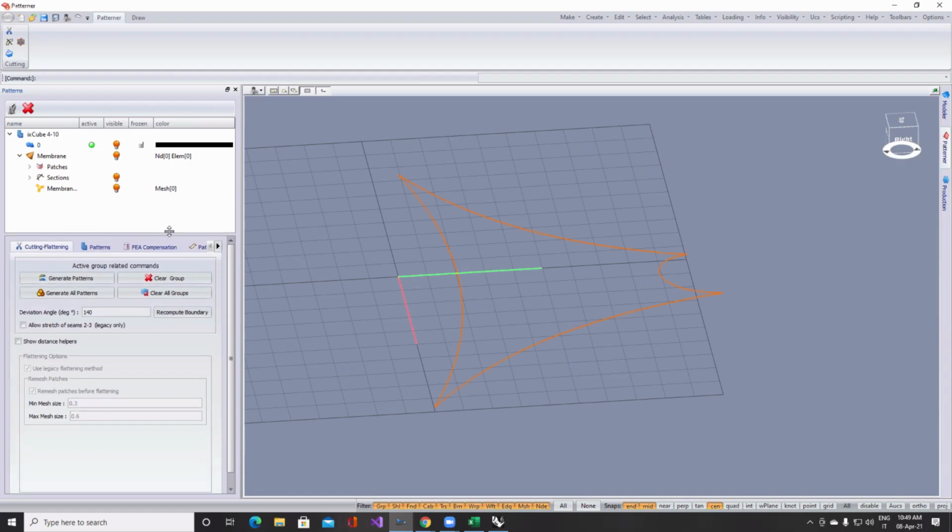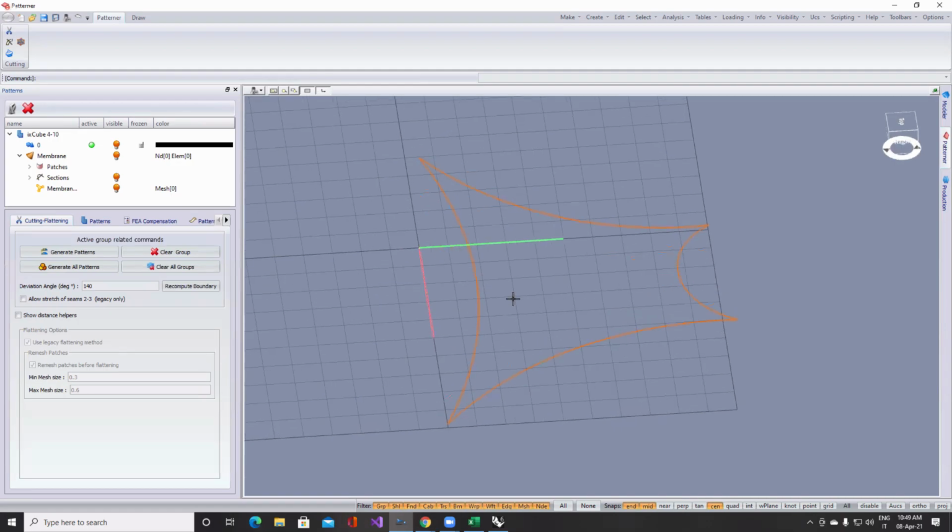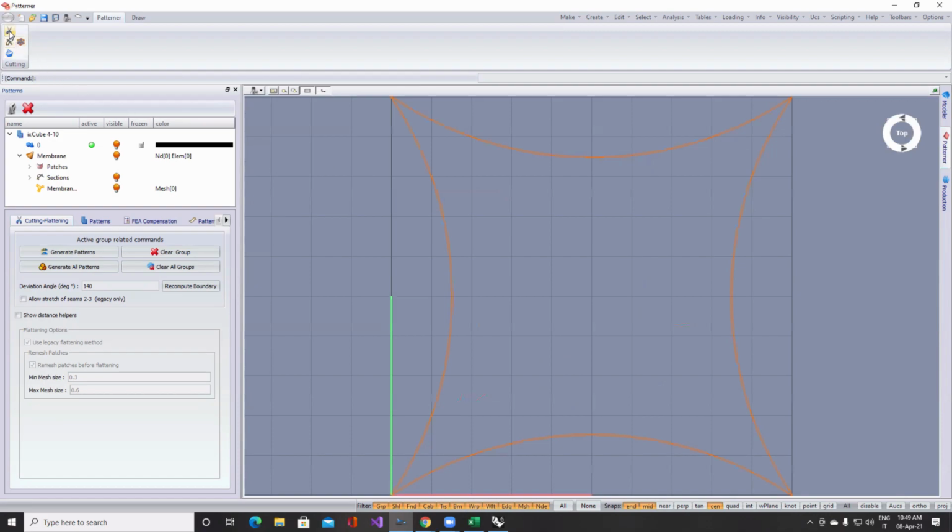Anyway, how do we go ahead? Well, first of all, we select the group that we want to cut. The first thing that we do is we cut the surface. Cutting the surface means we have different cutting tools here. The simplest one is the single cutter.